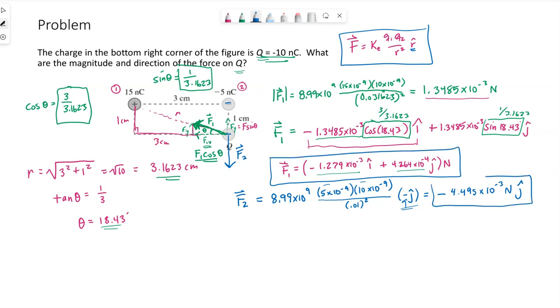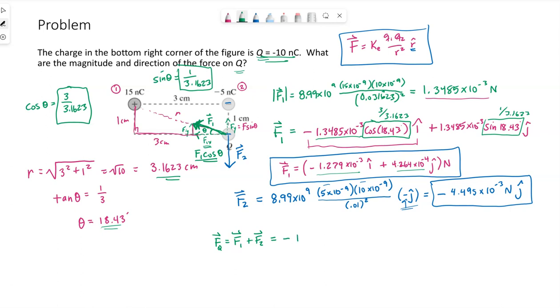So we now have these two forces, F1 and F2. Q, overall, the force it is experiencing is the summation or addition of these forces. So the total force on Q is these two vectors added together. Well, remember, we can only add x components of vectors to x components of vectors, and then y components can be added together.